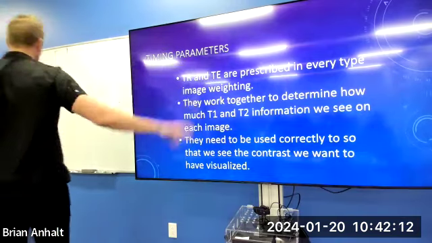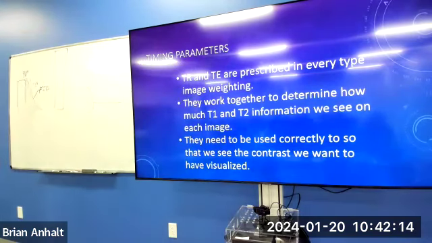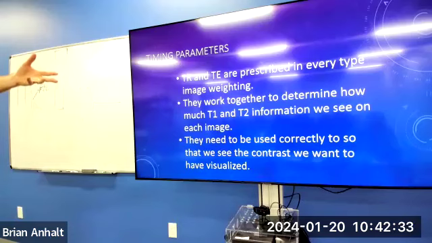TR and TE are prescribed in every type of image. So write this down. Some people think that because TR controls T1 weighting, I don't need to prescribe the TE, but you do, right? Let me say it this way.